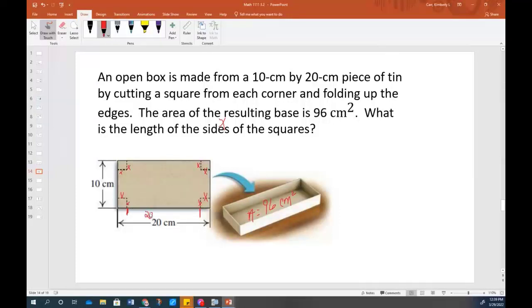This distance is 20 minus the 2 x's I took off each side. Similarly, if we look in between our cuts the other direction, this distance is not 10, it is 10 minus 2x. So as we fold it up, the short side here is 10 minus 2x, and the long side then is 20 minus 2x.